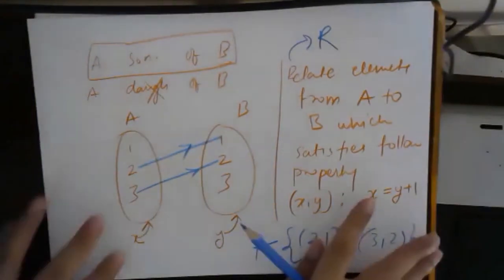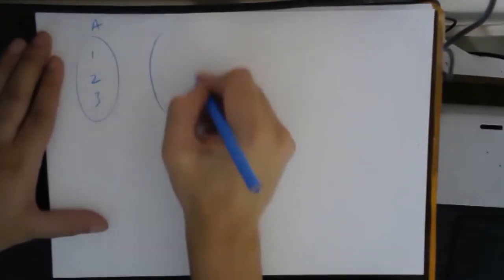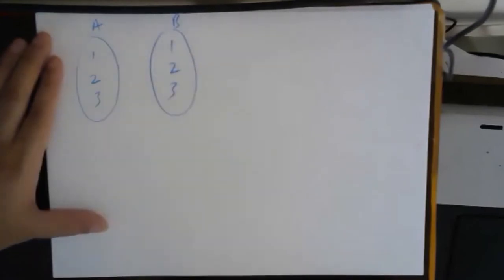Everybody understood? Now see, for the same sets, suppose you have set A as {1, 2, 3} and set B as {1, 2, 3}.